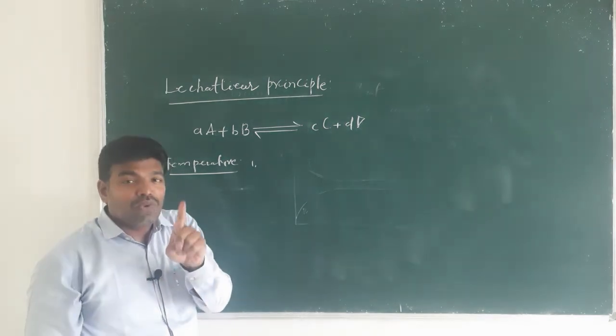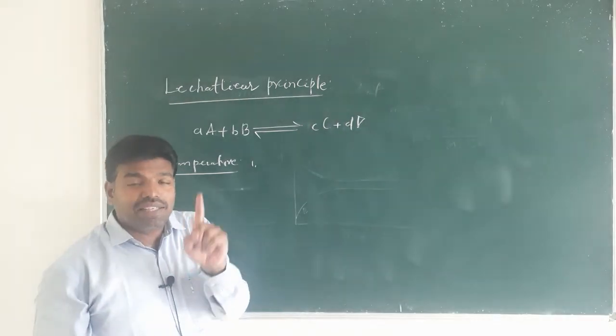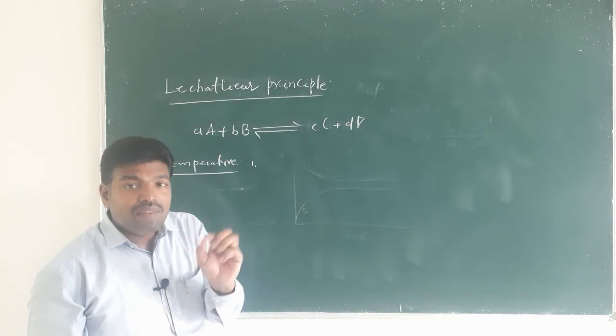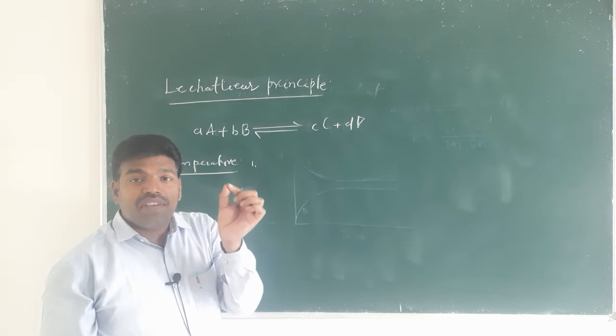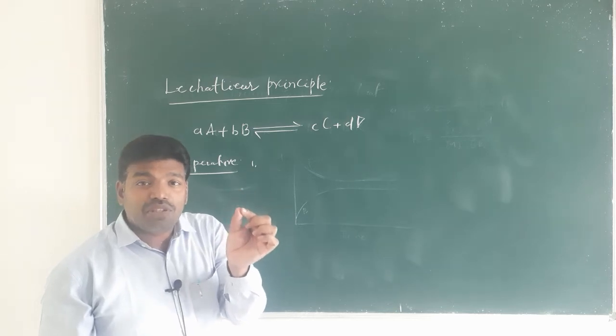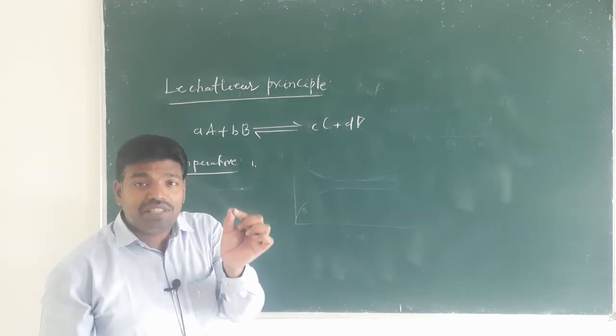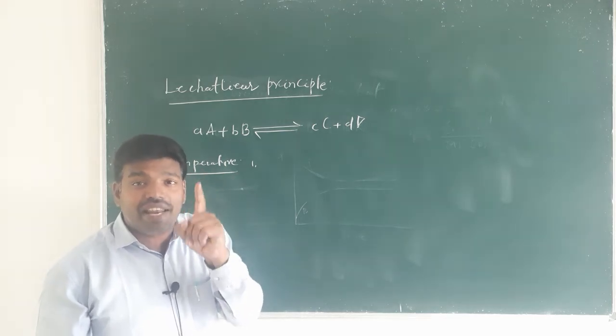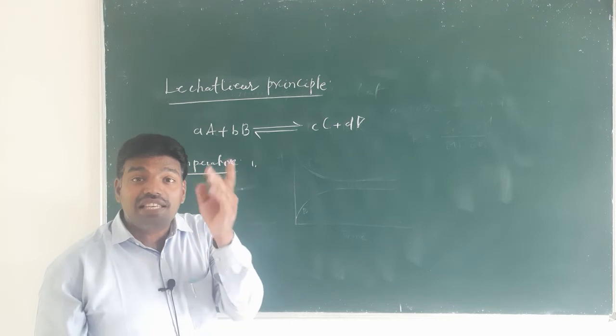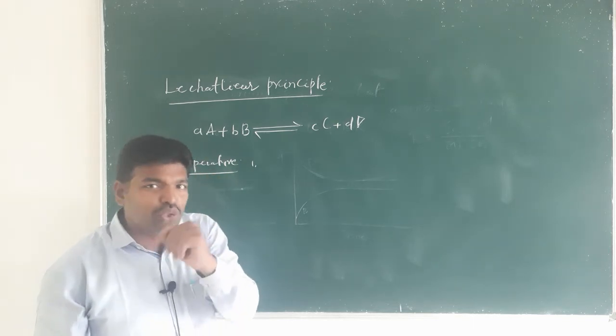Already I told you what Le Chatelier's principle states: if a chemical reaction at equilibrium is subjected to a change in temperature, pressure or concentration, then the equilibrium shifts in the direction in which the change is nullified or reduced.